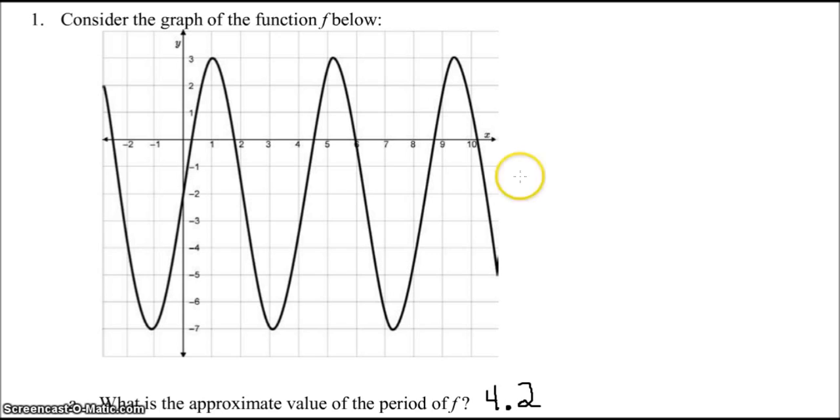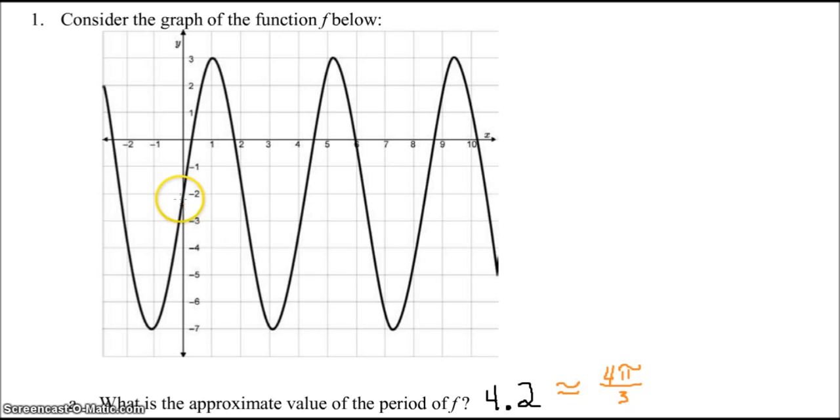The answer key says 4 pi over 3. If I jump onto my calculator and type 4 pi over 3, it's 4.11879, which is pretty close to 4.2. So how did they get 4 pi over 3?